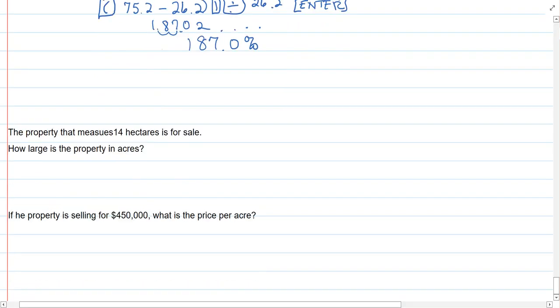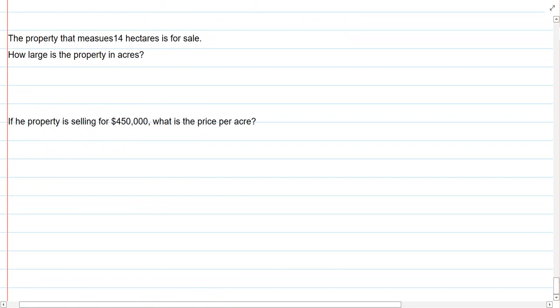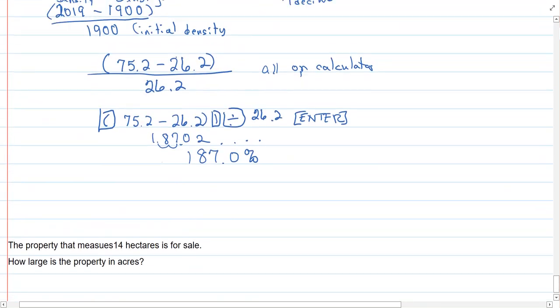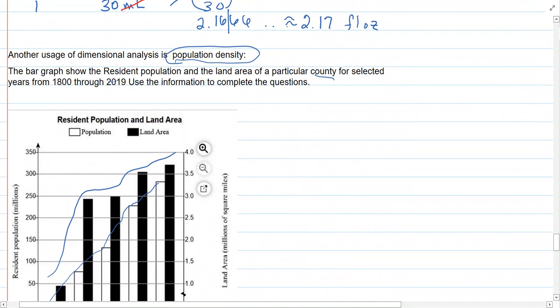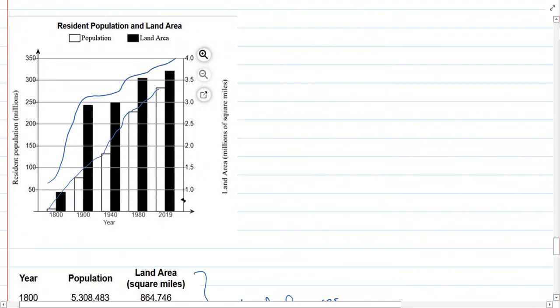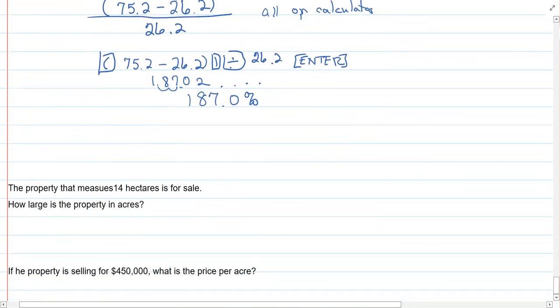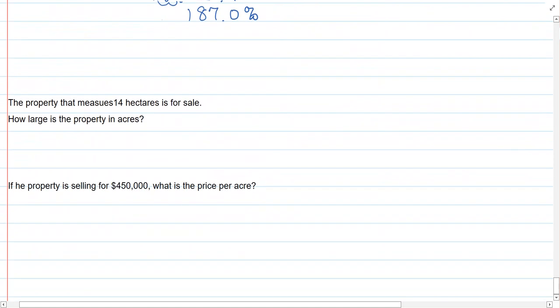Now, we're going to talk about another type of problem. A property that measures 14 hectares is for sale. How large is the property in acres? All right, hectares. And I think I erased it by mistake. Sorry about that. I'll have to look at my notes and tell you what a hectare to acres is.